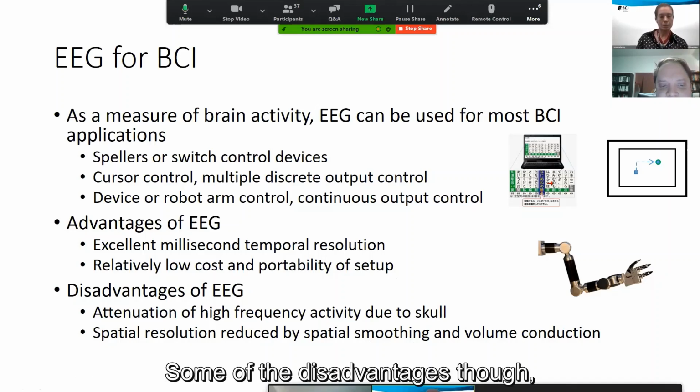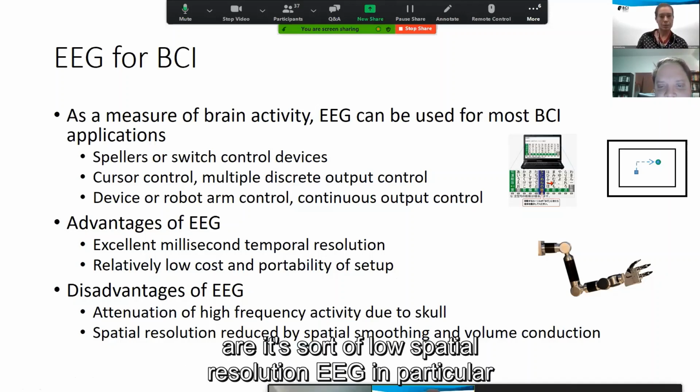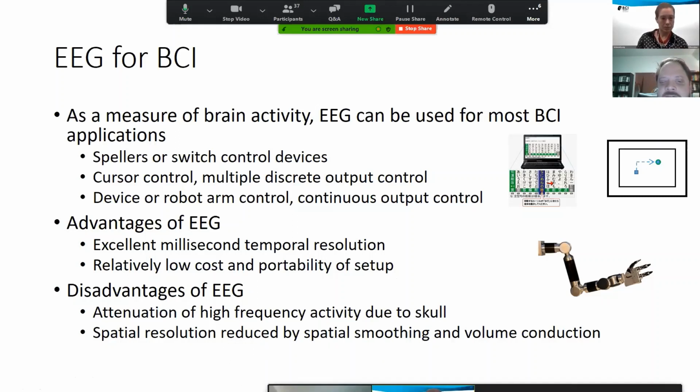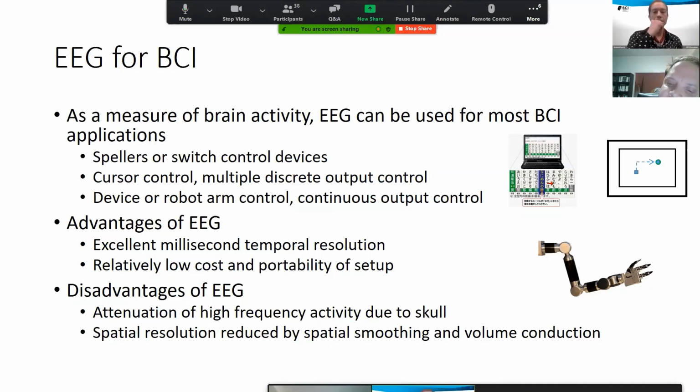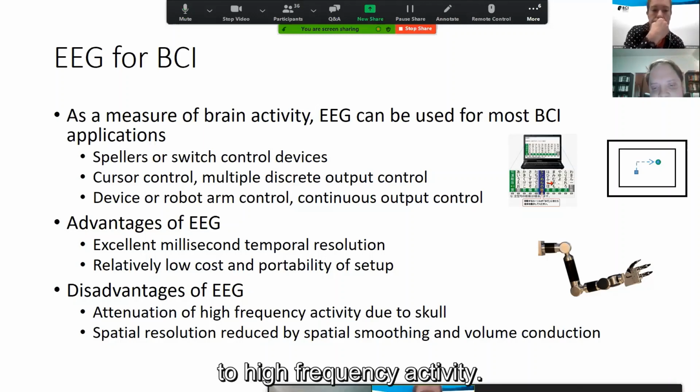Some of the disadvantages, though, are its low spatial resolution. EEG in particular, due to the skull, has a low sensitivity to high frequency activity.